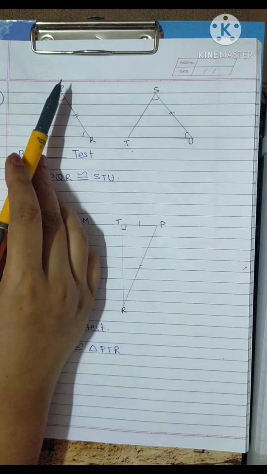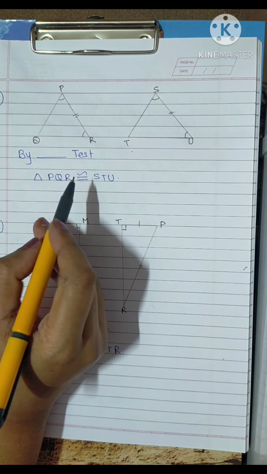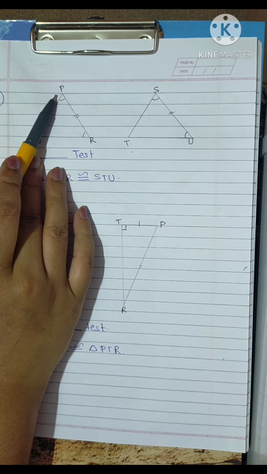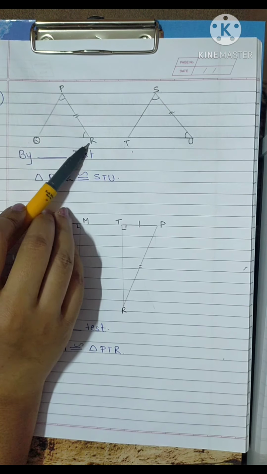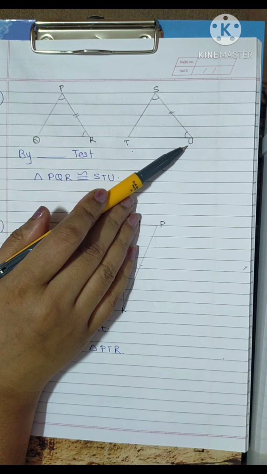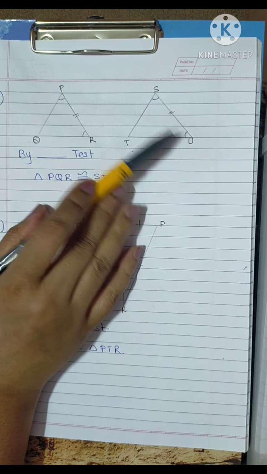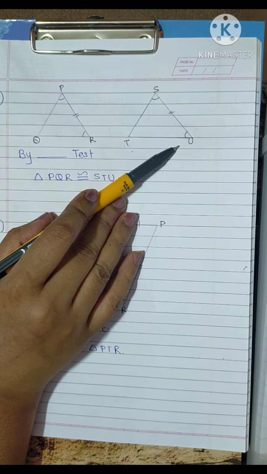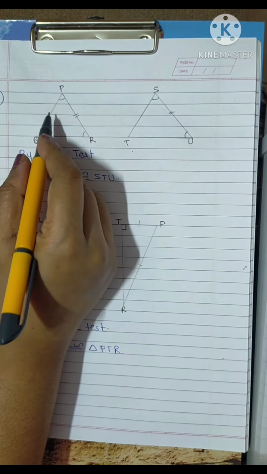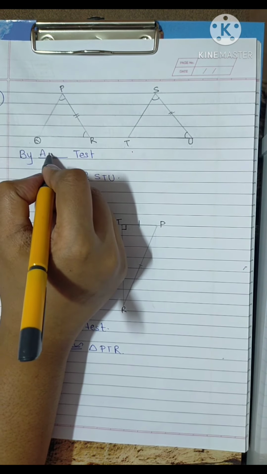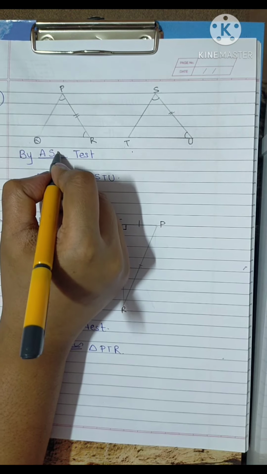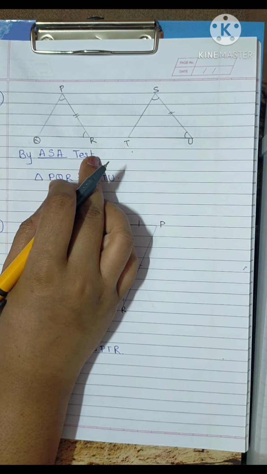Here also there are angles: two angles, P and R, and here S and U. So here we can write angle side angle. This is the ASA test.